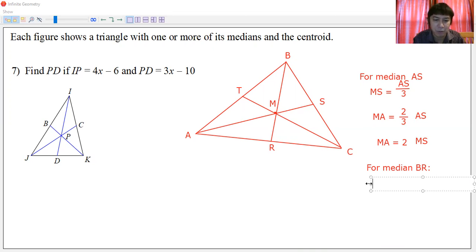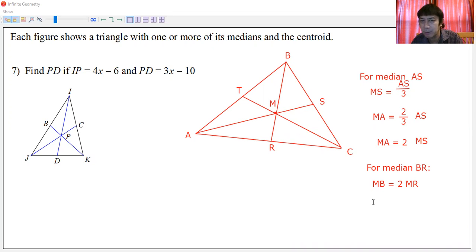So MB is 2 times MR. 2 times MR, the shorter, is MB, the longer. Also, 3 times MR is the entire length. 3 times the shorter is the entire length.